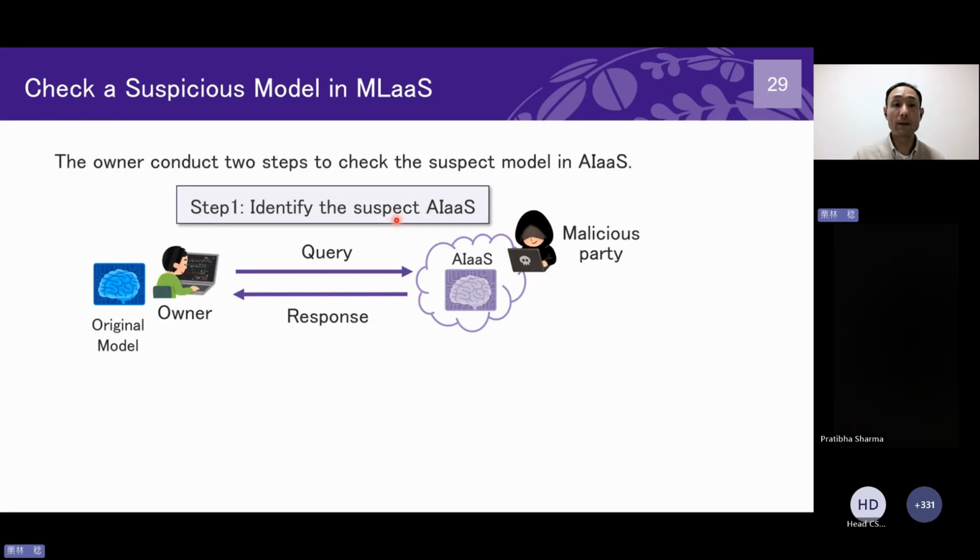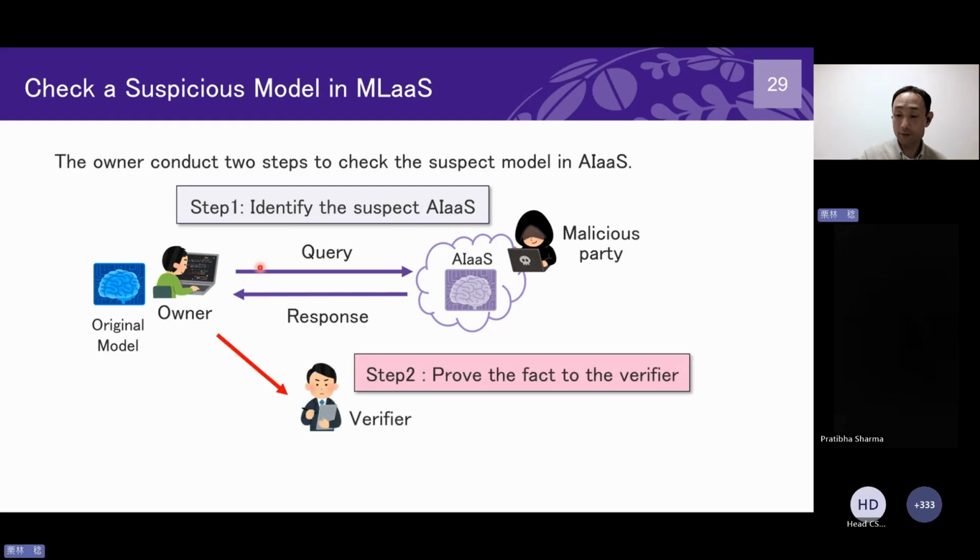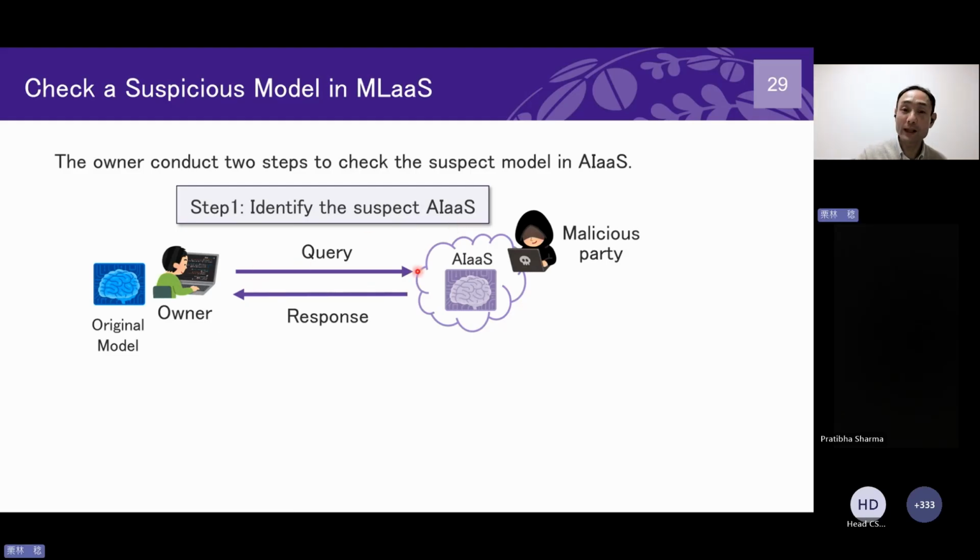It means the owner will find a suspect model at the cloud server. Then in the first step, the owner tries to identify the suspect AI as a service through a query and receiving the response. Then the owner becomes convinced the model in the cloud server could be a copy of his original one.